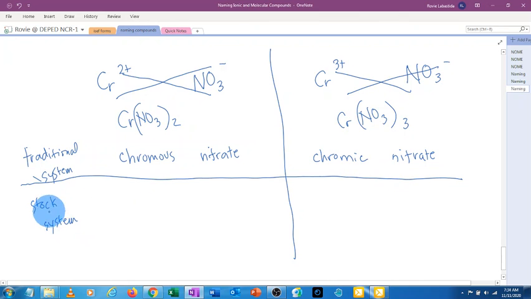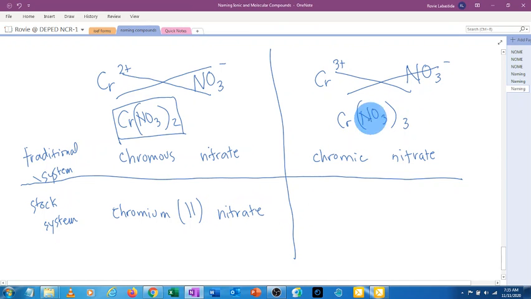Now let's use the stock system. So in using the stock system, name the metal first. For this compound, name the metal first, which is chromium, and then specify the charge, which is 2, and then name the polyatomic anion, which is nitrate.